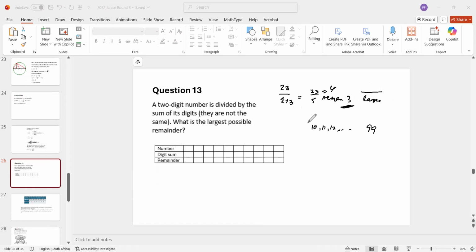So if you want the denominator to be large, then we have to start from the largest. The denominator is the sum of the two digits. So if you've got a two-digit number, 10a plus b, that's how we write a two-digit number, you want a plus b to be large, to get a large remainder.